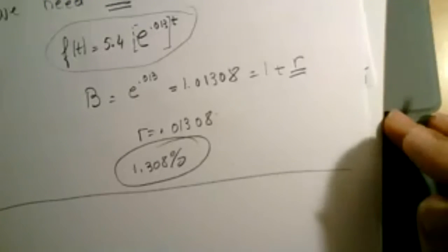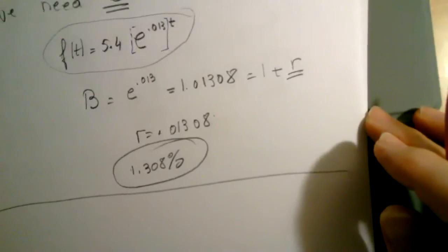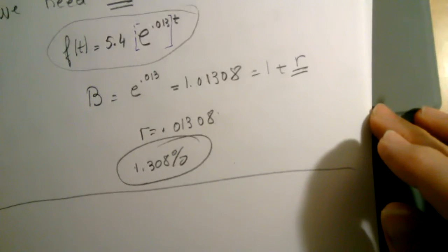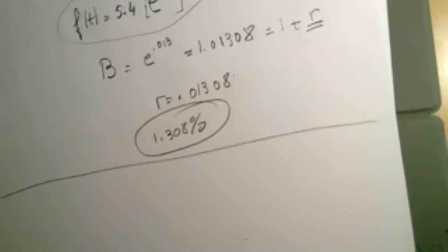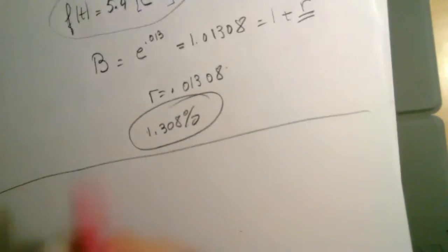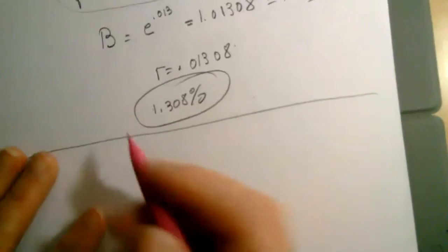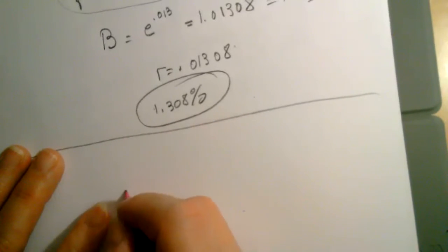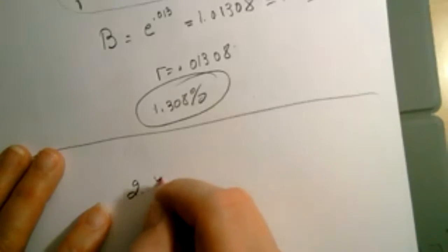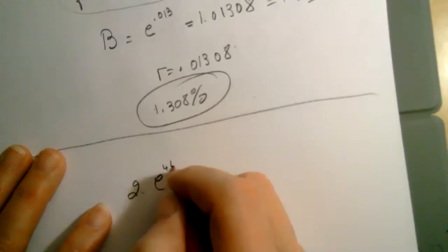Excuse me, how did you find the constant rate again? The k? Yes. Okay, I will give you several examples, and it's what comes next to t. Suppose I have a simple problem: 2 times e to the 4t.